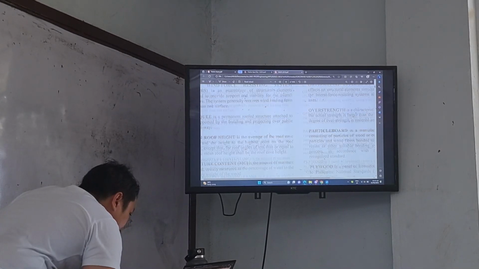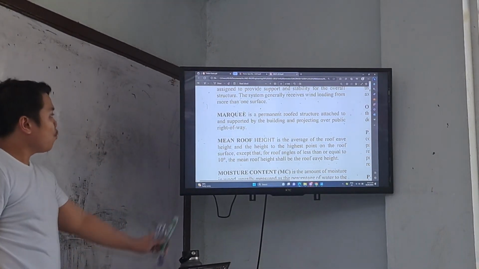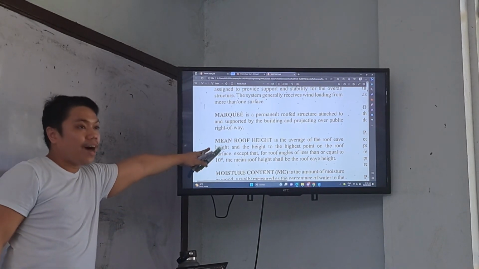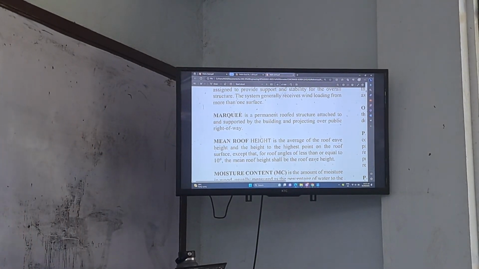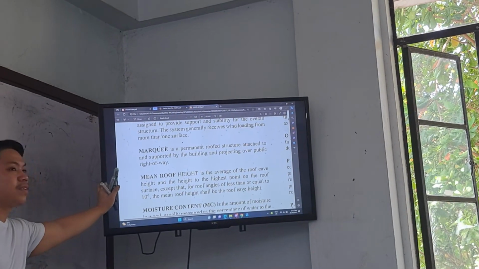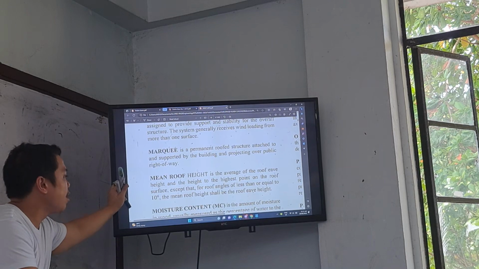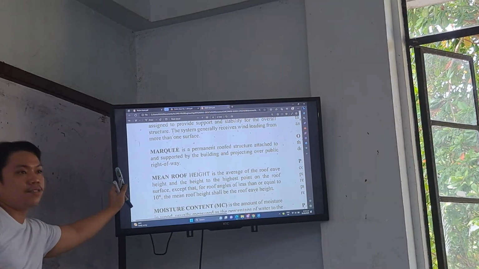Mean roof height is the average of the roof eave height and the height of the highest point of the roof, or our apex, except that if the roof angle is less than or equal to 10 degrees.